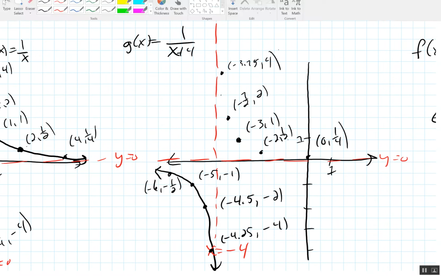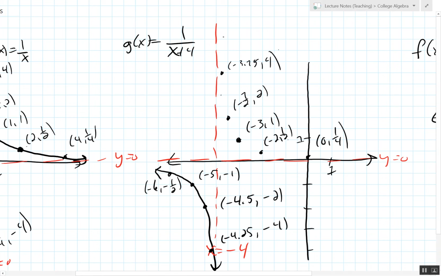Oh, I forgot to draw the graph in here, I'm sorry. So again, our graph looks like this. There we go.